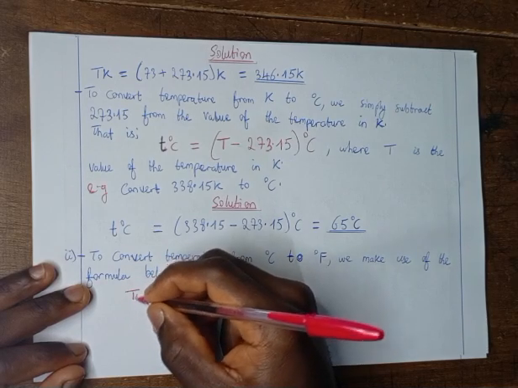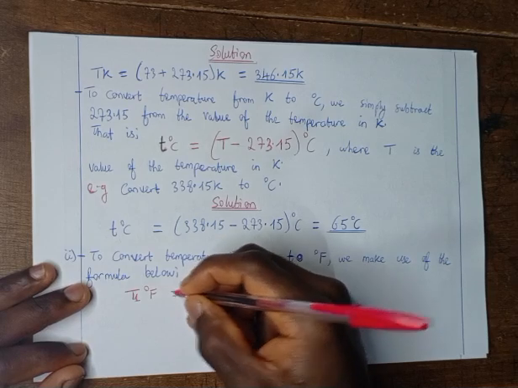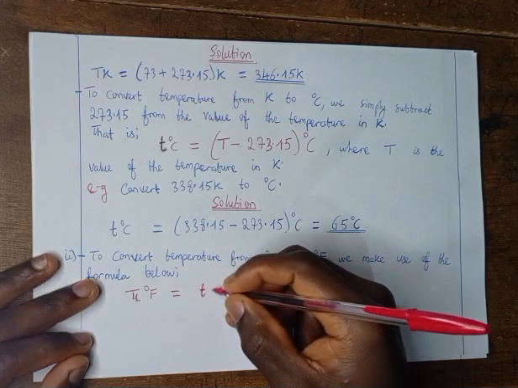T1, that means the value of the temperature in degree Fahrenheit, is simply equal to the value of the temperature in degrees Celsius.